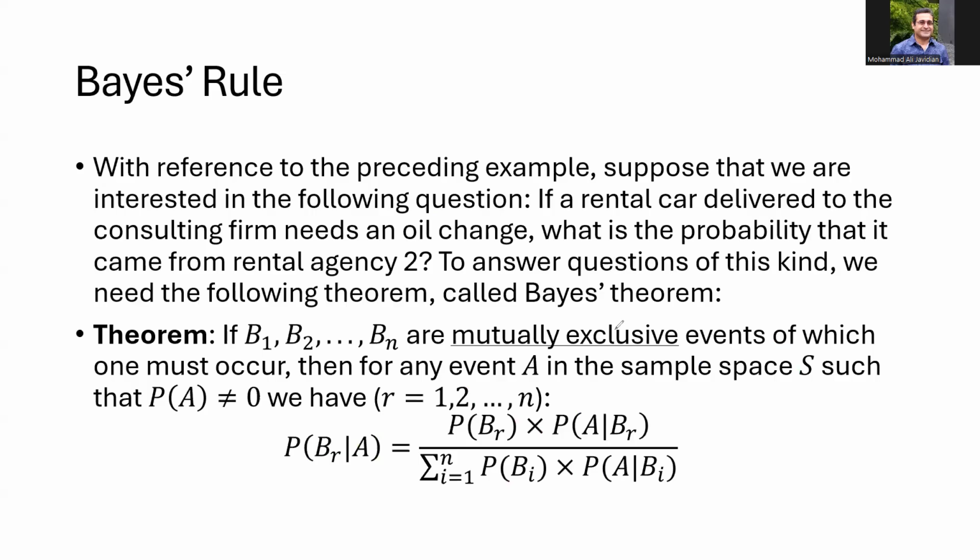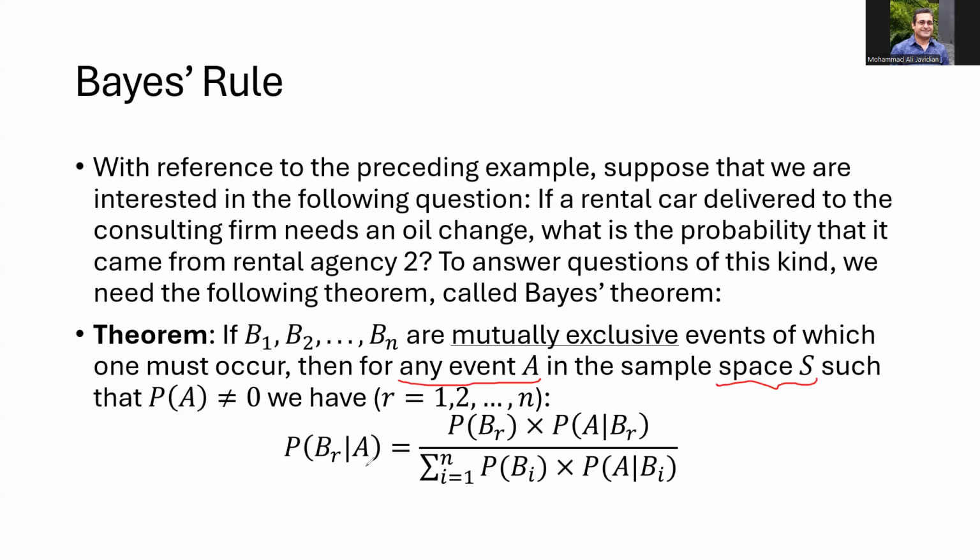So in the Bayes rule, instead of computing the total probability for any event like A, we are interested in the probability that this event A that we are interested in, in the sample space S, belongs to one of those subclasses.